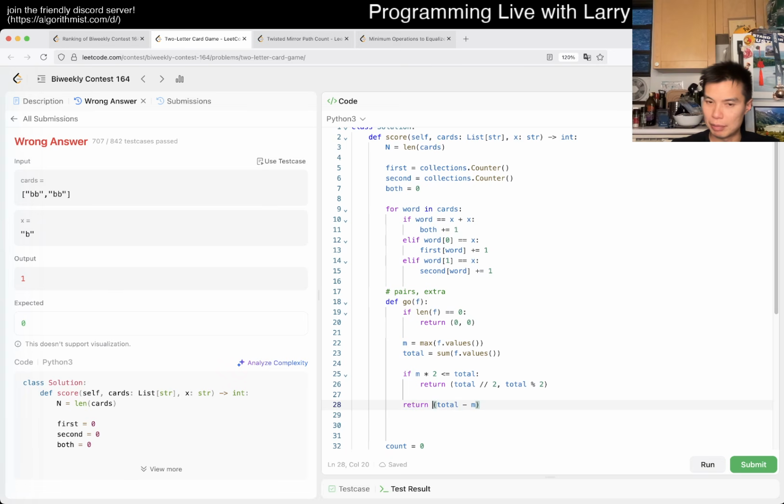Else, now we want to say total minus m number of pairs, right? So the number of pairs is going to be m. No. This is the number of pairs. And then extra is just m minus total minus m. Is that right? That's right, right?